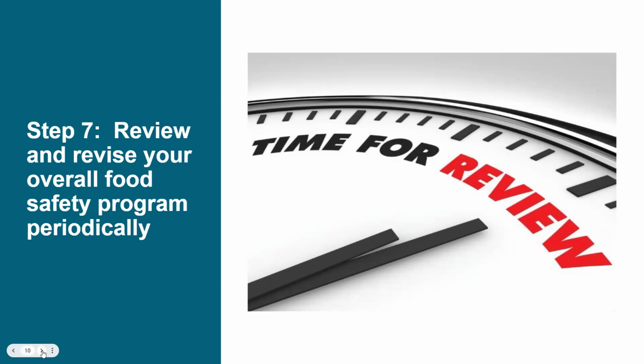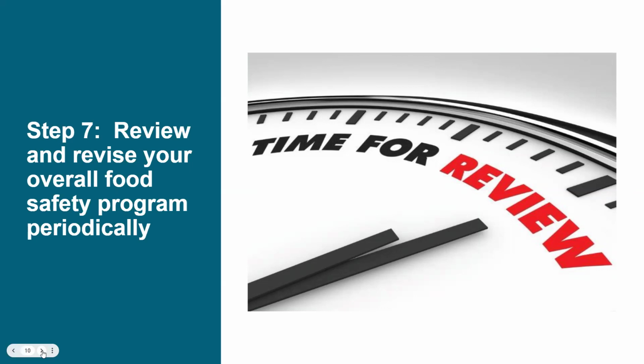There should be an ongoing periodic review of the activities described in your food safety program. This step ensures that the food safety program is operating according to what is specified in each school's plan.